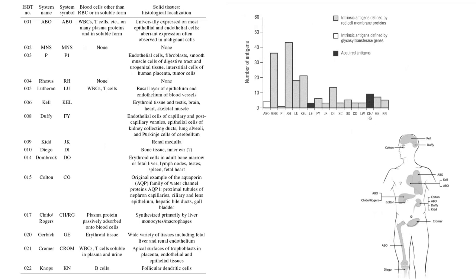Now, red cells express antigens, but the antigen systems expressed upon them may be differentially expressed in other tissues. And this may have implications in histocompatibility, because if the kidney also expresses the Colton, Duffy, or Kidd blood type system, and a host, an intended recipient, is presensitized to the intended graft's polymorphism, that may predict for a graft threat.